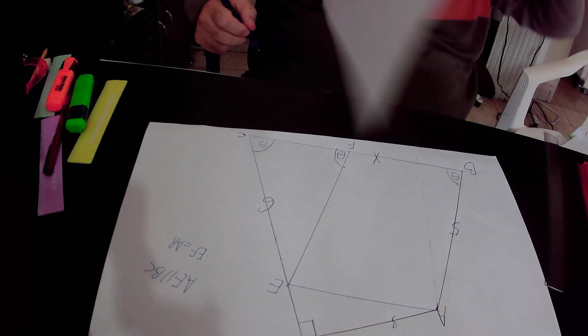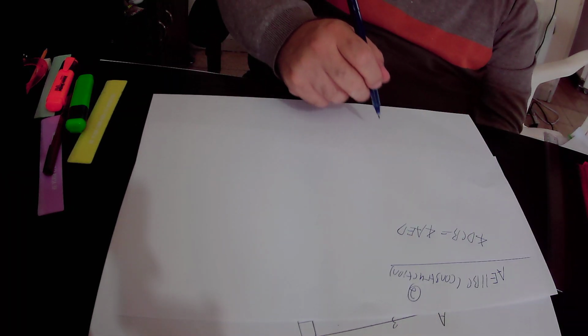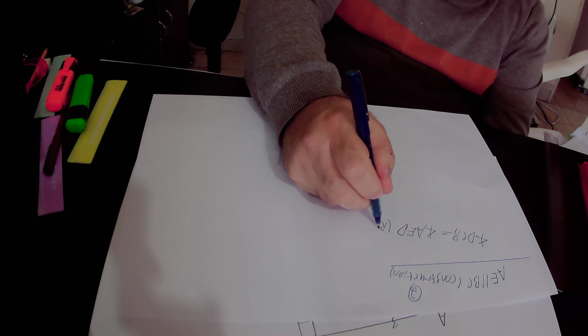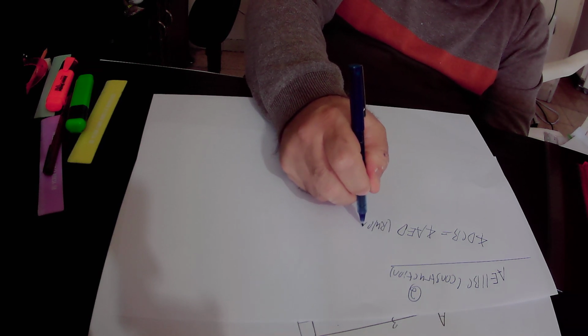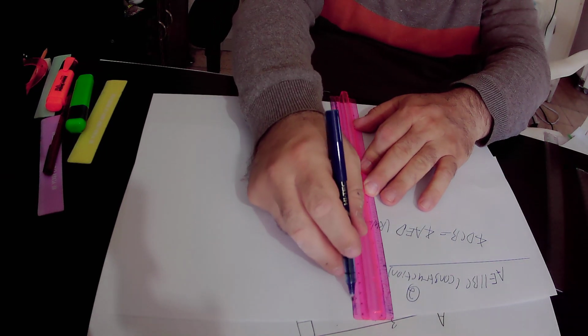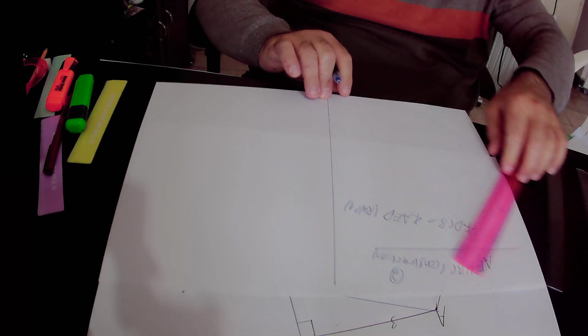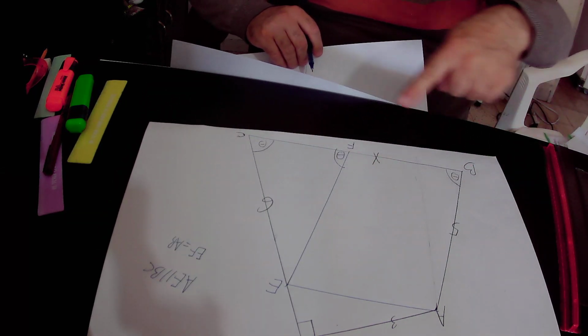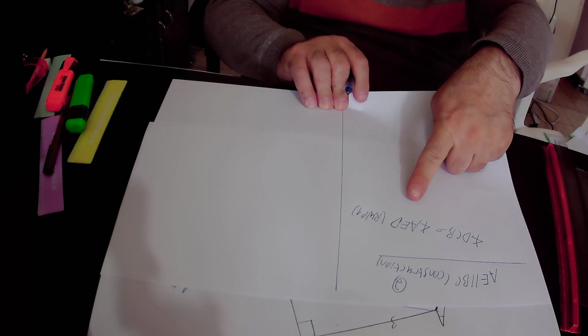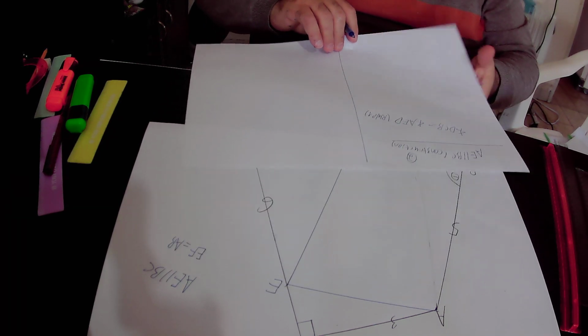I'll repeat again: angle DCB equals angle AED. They are equal to each other according to rule number 3, because they are defined as corresponding angles located between the parallel lines AE and BC, therefore they are equal to each other.